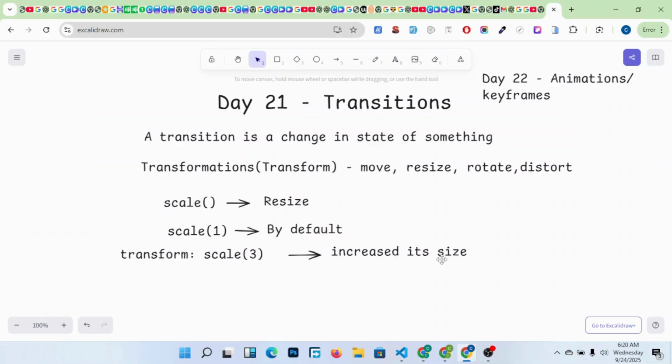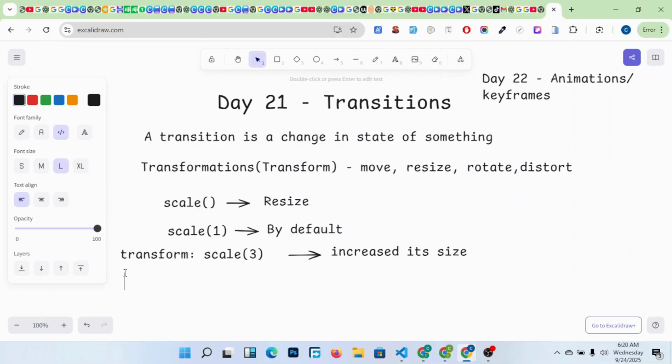If I come here and say transform scale 0.5, what does this mean?